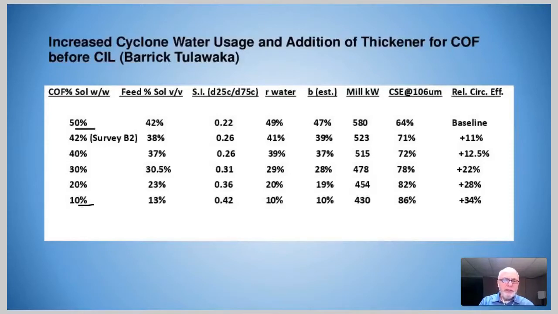Each case involved adjustments to the pumps in the cyclones, and then running the simulation to see how much grinding mill power was then needed to achieve the same grind of 80% passing 106 micron.